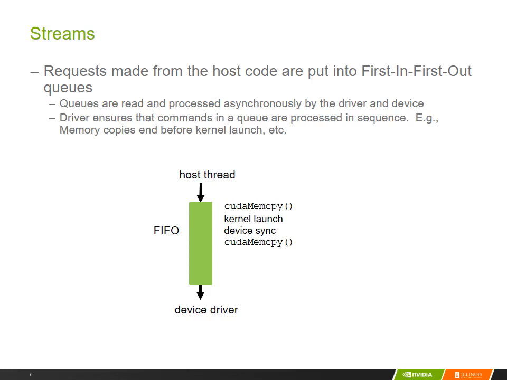It will do the kernel launch, and then eventually do the cudaMemcpy at the top. The driver will ensure that the commands in the queue are processed in sequence. So these 4 commands will be executed in sequence, and one command will have to completely finish before the next command will be able to execute.